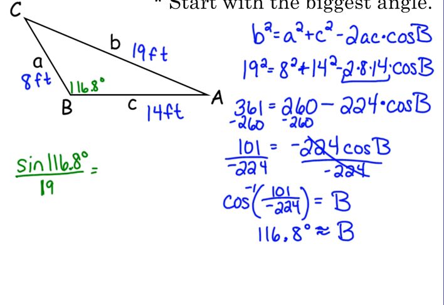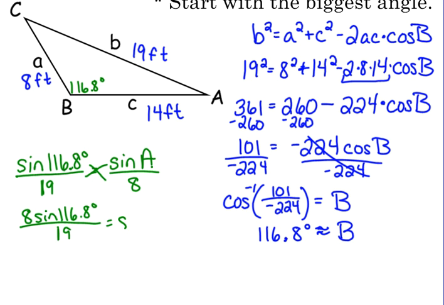Then what did we say our rule with law of sines was? We have 2 angles that we have to solve for. Start with the smaller one. Okay, so sine of A over 8. Cross multiply, divide. Do the inverse.